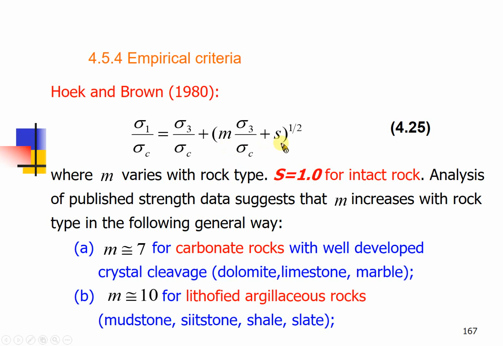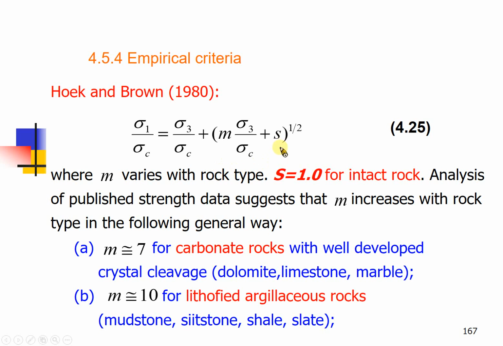The s is a parameter highly related to the microfractures that exist in the rock. If you have a lot of fractures, then s will approach 0. If you have intact rock, no microfracture, then s will approach 1.